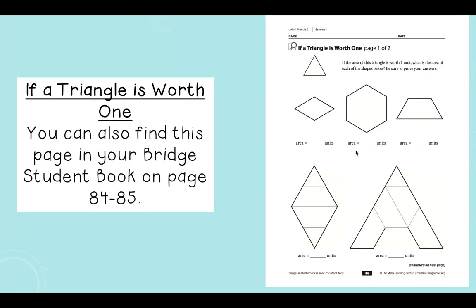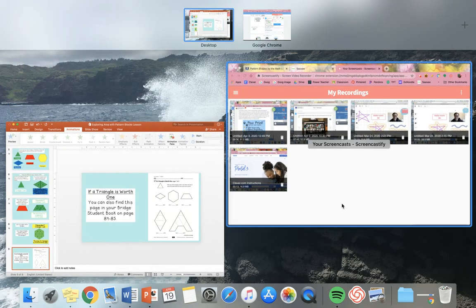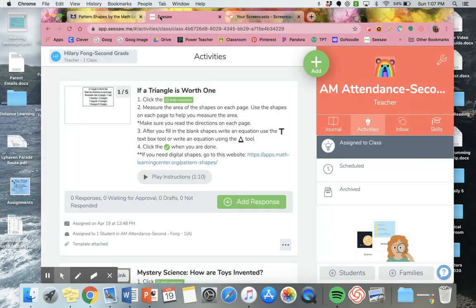So now you're going to practice composing the different shapes, so triangle, rhombus, hexagon, and trapezoid. And you are going to complete this worksheet. So I'm going to go over to Seesaw, and this is where your assignment will be.